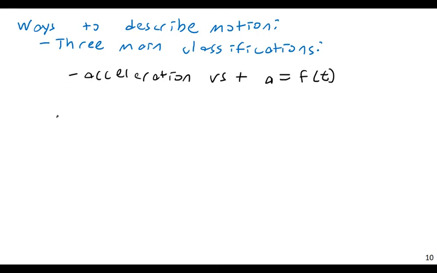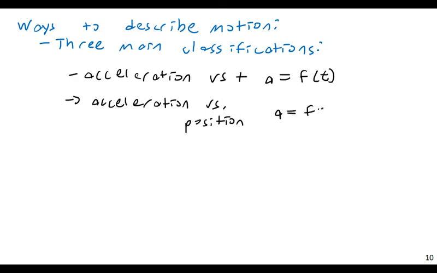I can also say maybe acceleration versus position, so a is a function of x. Instead of saying that the acceleration is this value at this time, I could say that its acceleration is this value at this x value. And we'll have ways we can transform between these.